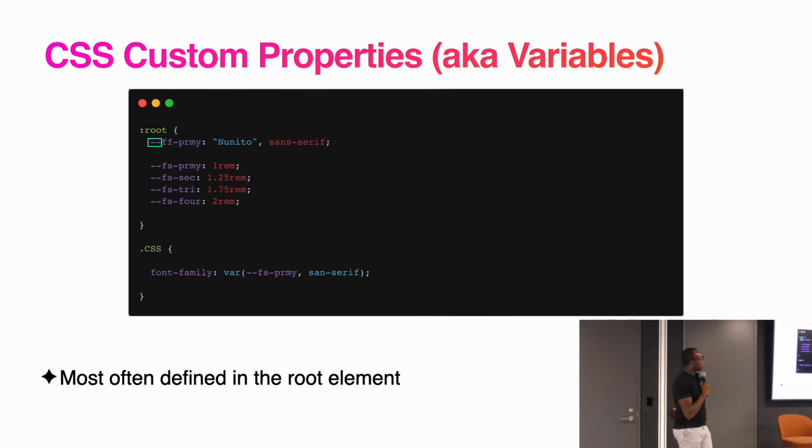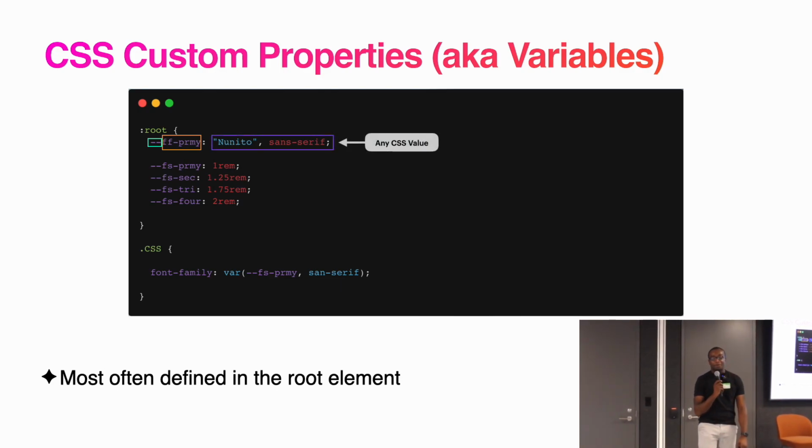We start by declaring these double dashed symbols. Then we write the name of the custom property that we want to use. Then we declare the CSS value that we want to assign to that custom property itself. Now you may notice that custom properties are also known as CSS variables. Custom properties, variables, they're used interchangeably, but we really want to be calling these custom properties because they're so much more powerful than what a variable does itself.